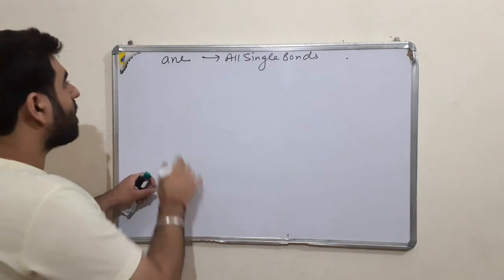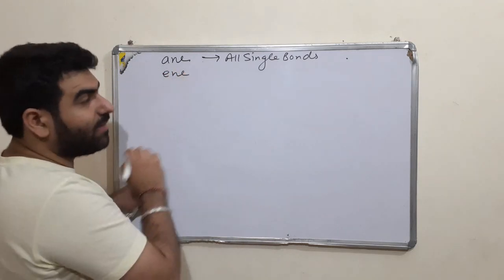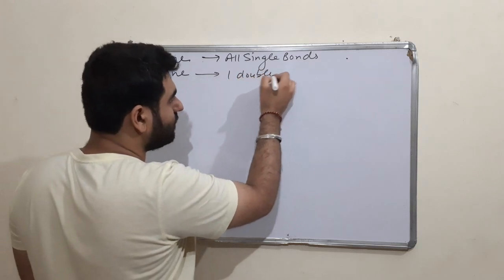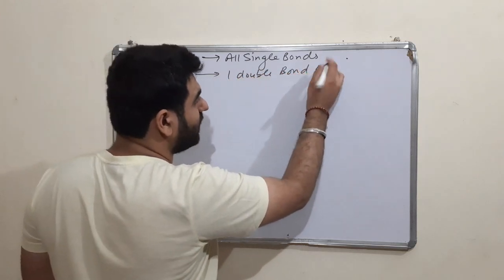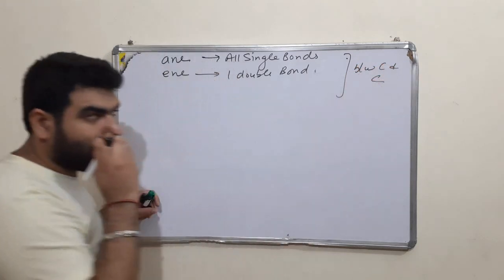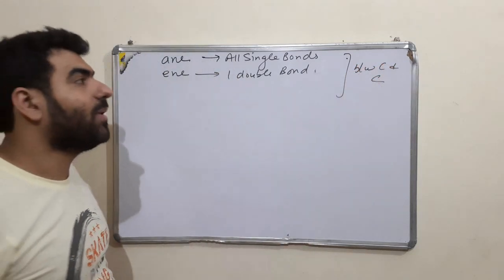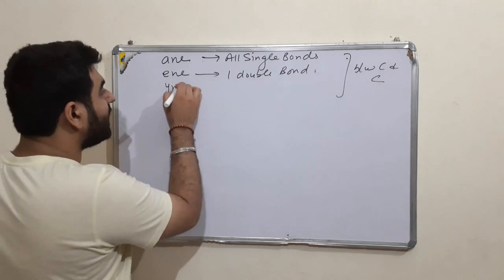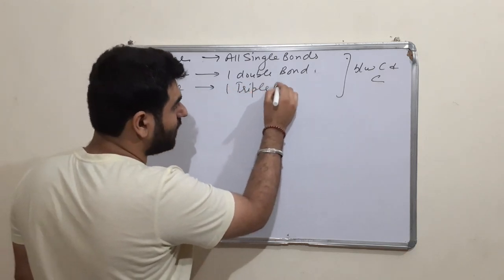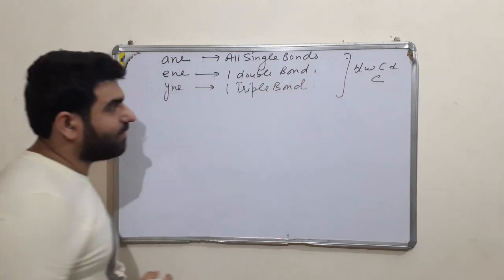If this is ENE, then only one double bond between carbon and carbon. And if there is INE, then there is one triple bond between carbon and carbon.